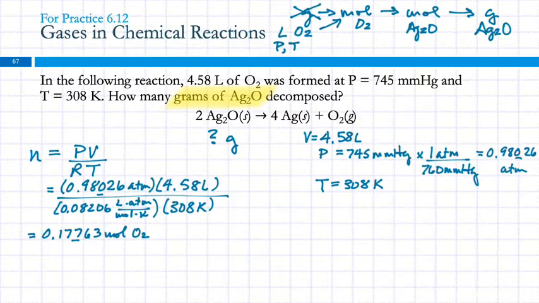So now I've gotten to moles of oxygen. I'm going to go to moles of the silver oxide, and then to grams of the silver oxide. So moles come down here.